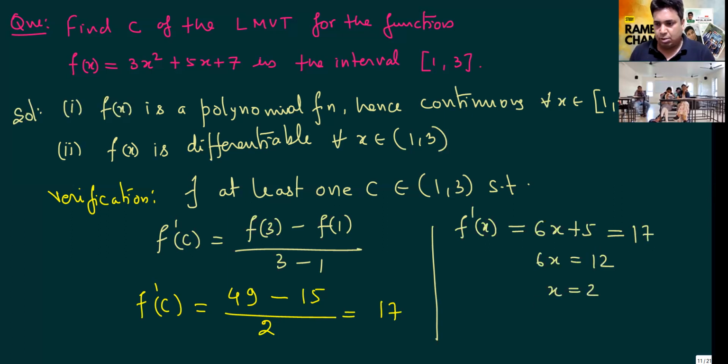This is what we are calling c, and 2 belongs to 1 to 3. So hence we got 1 c. It is talking about at least 1 c. So if you got at least 1 c, then it's verified. This implies LMVT verified.